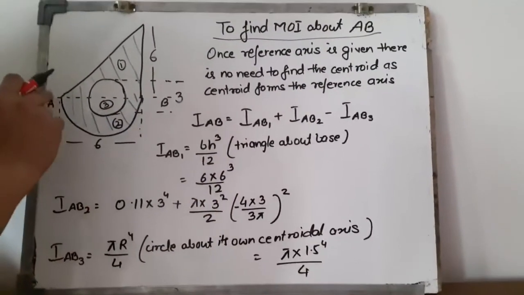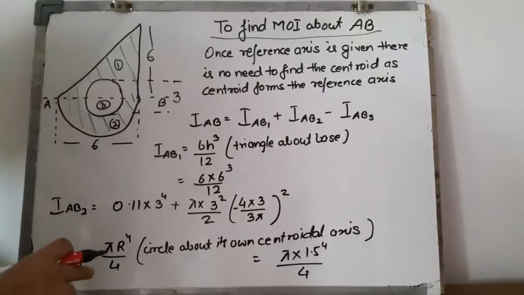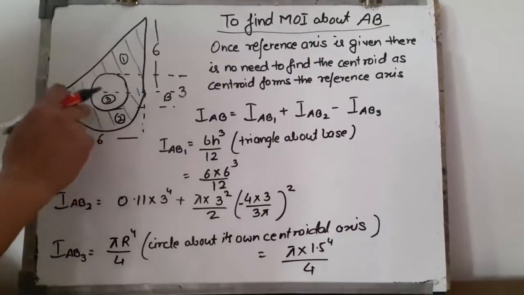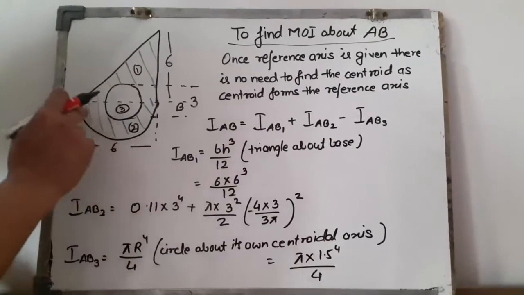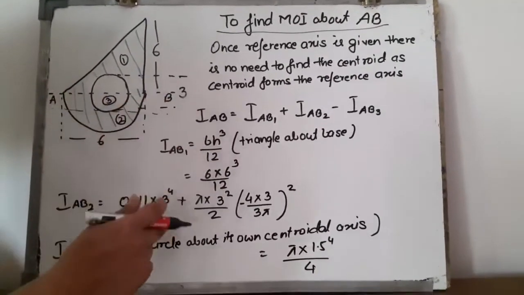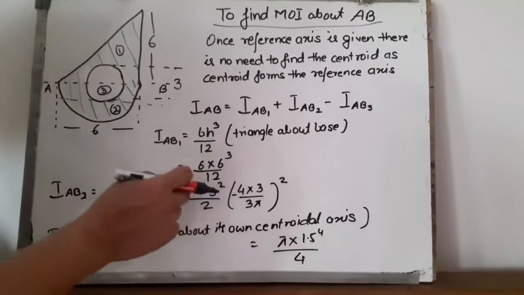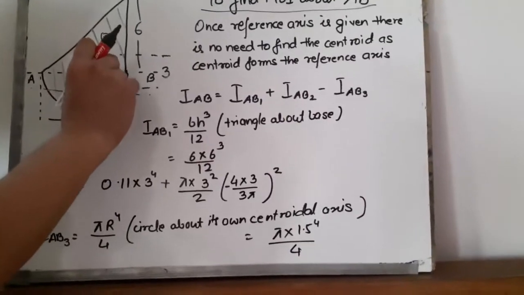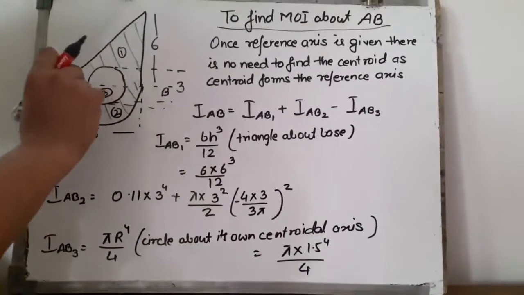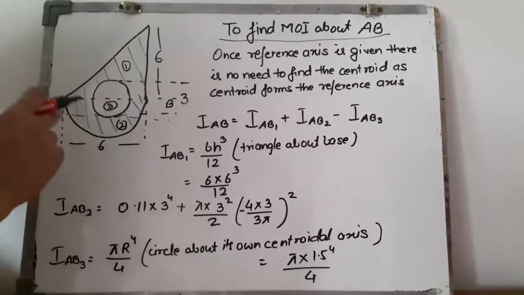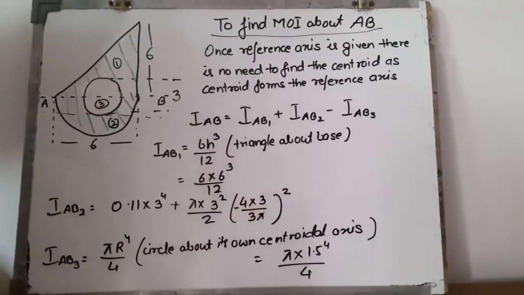Now IAB2 is 0.11 into 3 to the power 4. This is about the centroidal axis, plus pi r square, because the centroidal axis of the semicircle and the reference AB have a distance between them. You actually do not know the formula for AB. You know the formula for AB, but this I have taken for reference sake.